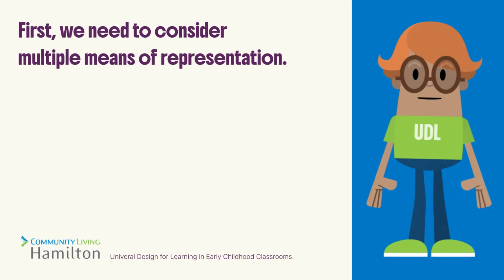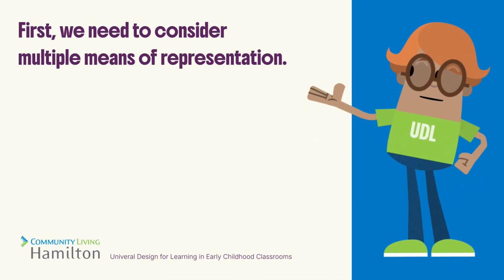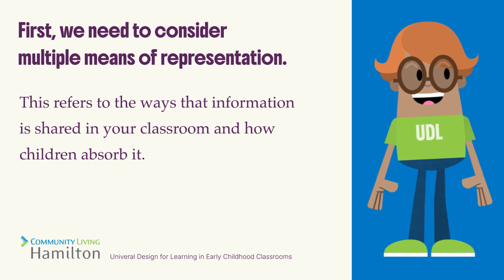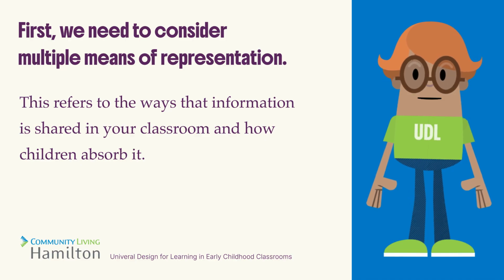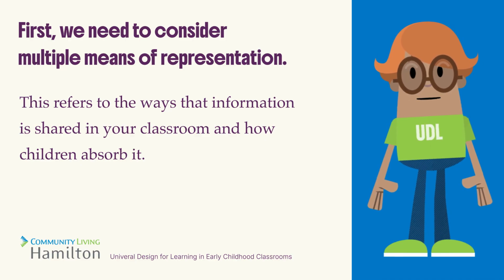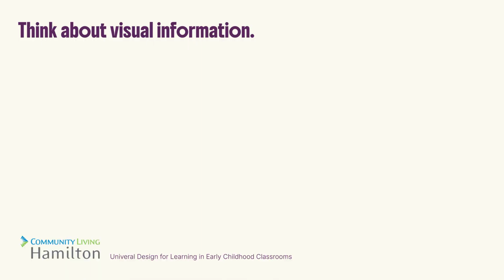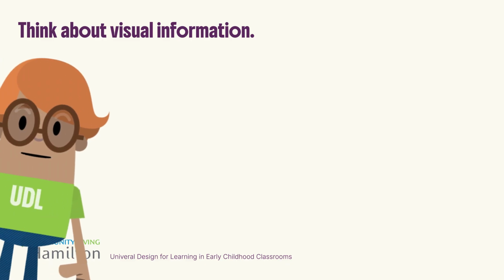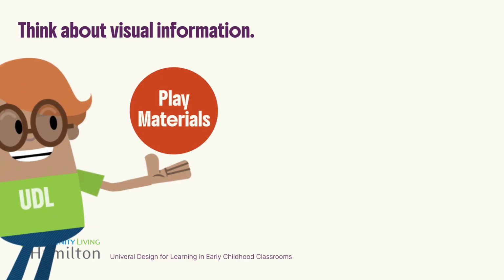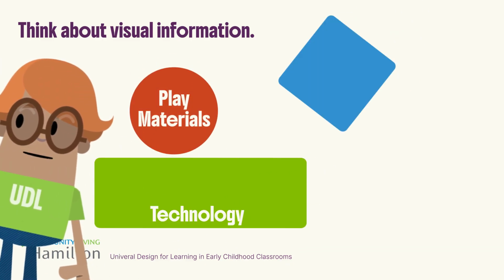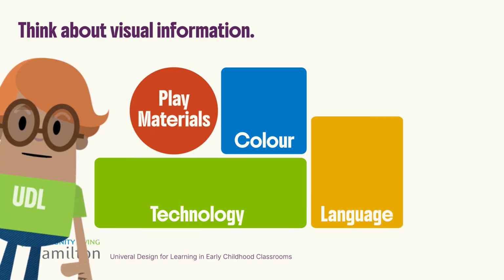First, we need to consider multiple means of representation. This refers to the ways that information is shared in your classroom and how children absorb it. It means diversity. Think about visual information, play materials, technology, color, language, sounds.